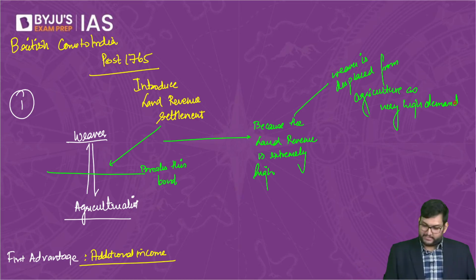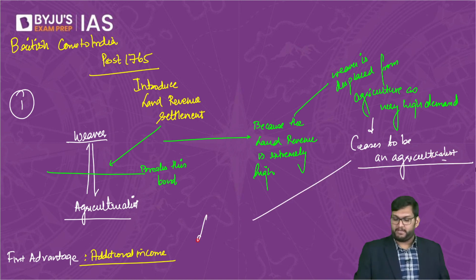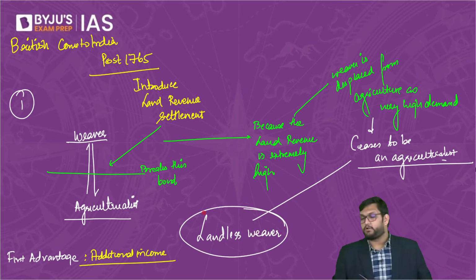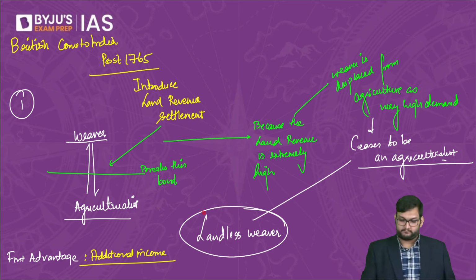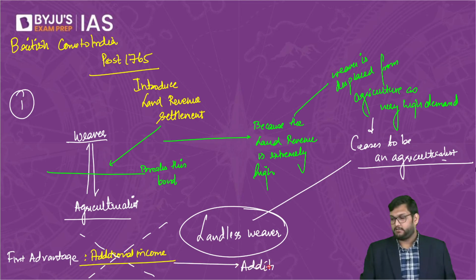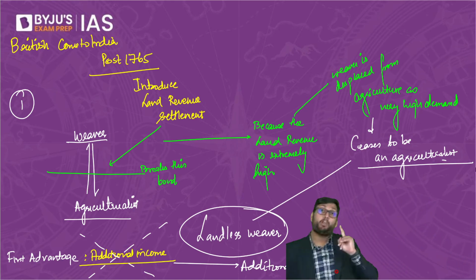So basically, he ceases to be an agriculturalist. He now becomes a landless weaver. If you are a landless weaver, what will happen to your additional income? Additional income gone.